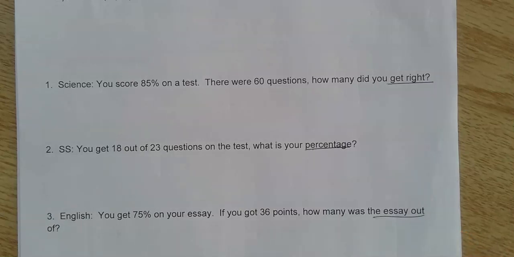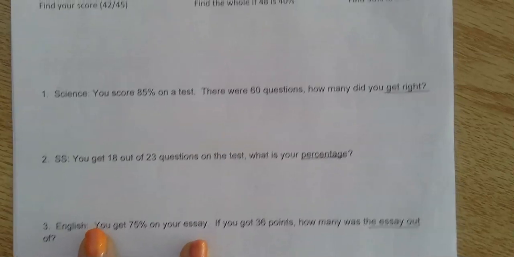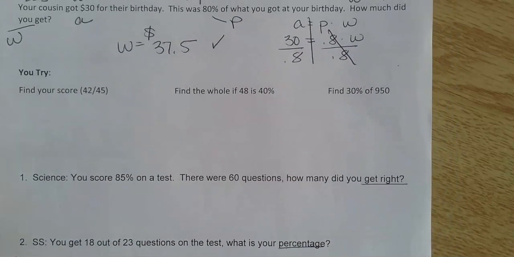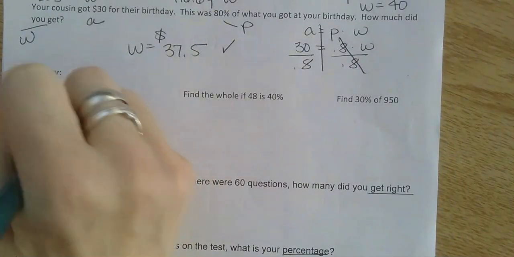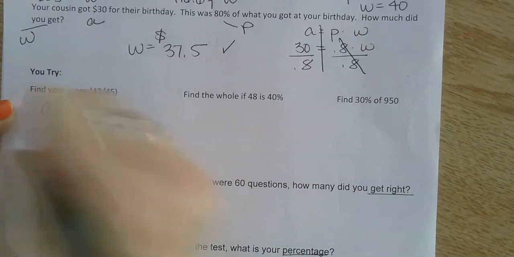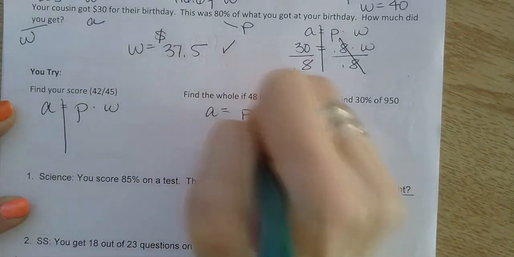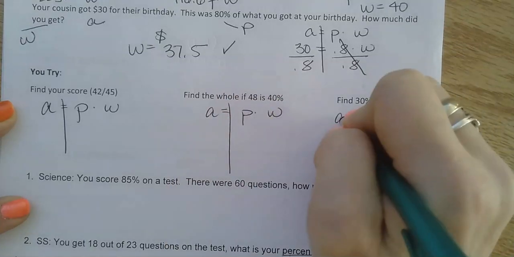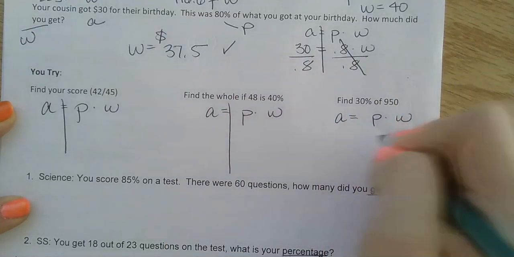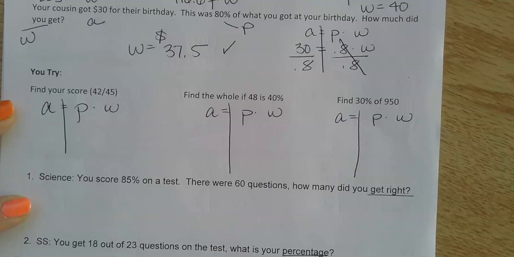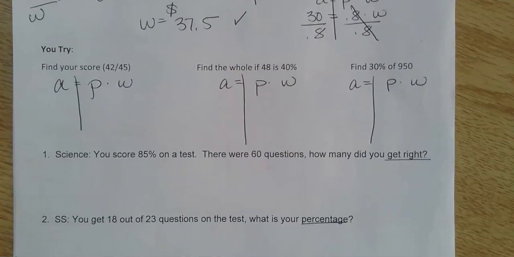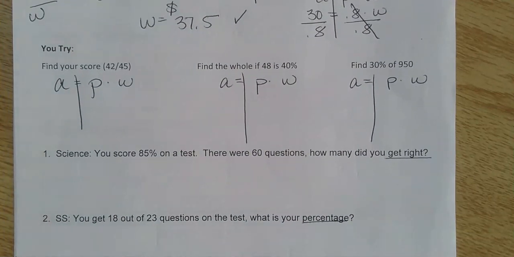Okay, even if you like the proportion better, you're trying these with the equation to practice the equation. Okay, so all of them should be a simple A equals P times W, and you're going to do that for these 6, and then hit play when you're ready to check them all.